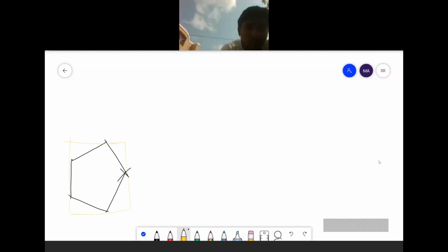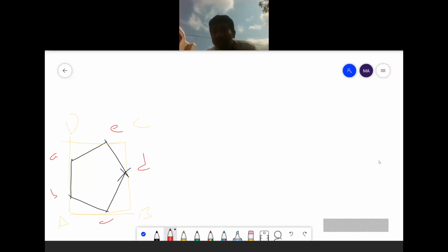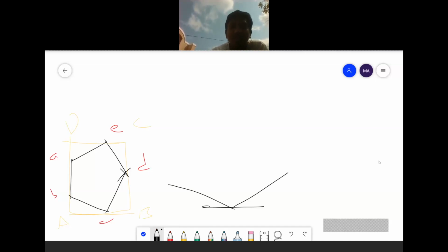I will insert it into a rectangle ABCD. Here the pentagon is ABCDE. Then I am taking the sides at 30 degrees.